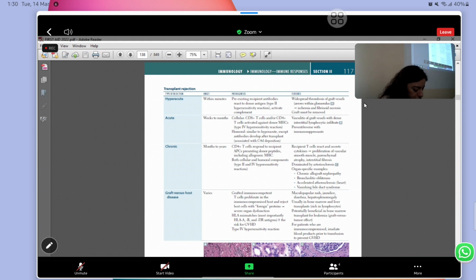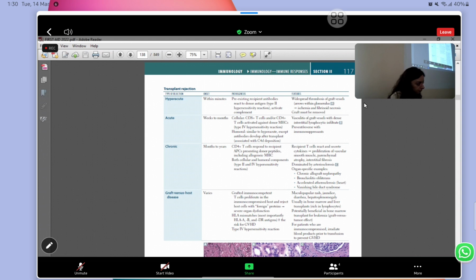In transplantation immunology, we also have one very specific disease, which is called graft versus host disease. We saw this graft versus host disease in type 4 hypersensitivity reaction. What happens during this? In graft versus host disease, there is the opposite thing. What do I mean? In acute, hyperacute, and chronic rejection, the recipient's immune system attacks the donor's tissue.